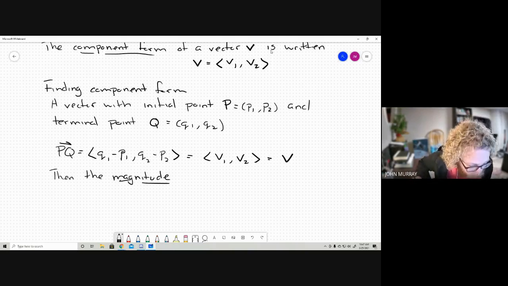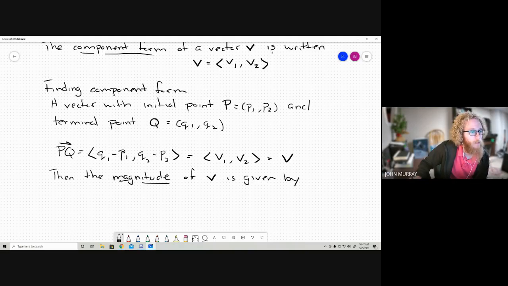So the magnitude. Okay, we still use the same symbol for the magnitude. We do the double absolute value sign, right? But now I just have the v on the inside. So originally, if I had two coordinates using the p and q, it would look similar to the distance formula.